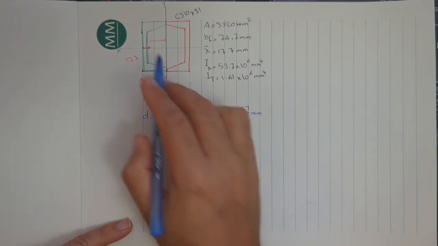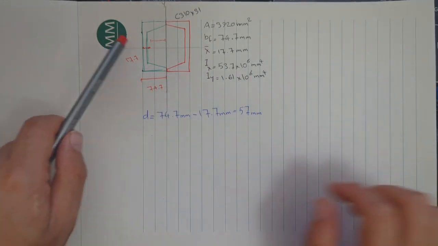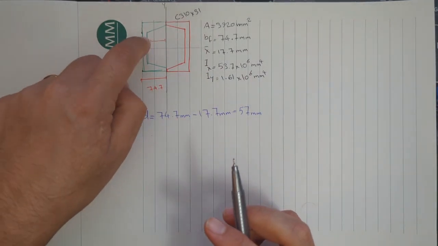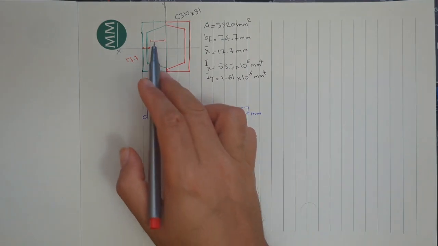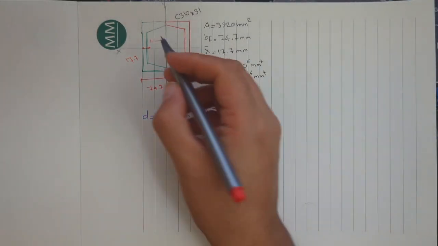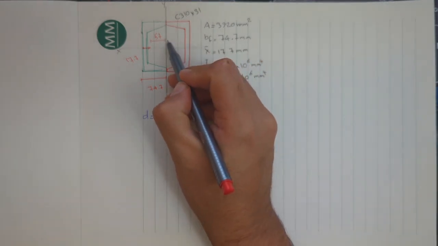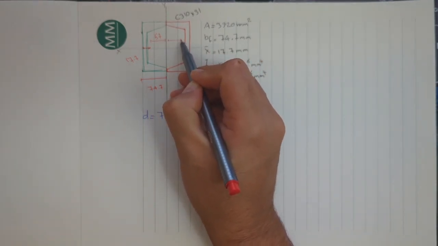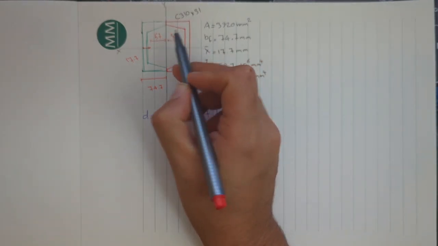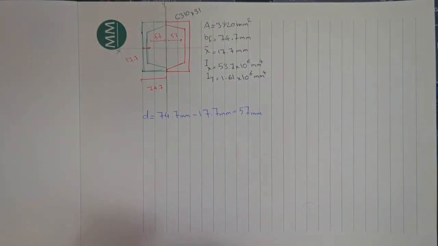So this is the distance between our centroid and the y-axis, which is 57 millimeters. It doesn't matter, it's from here to here, 57, because they're both the same shape, structural steel channel.